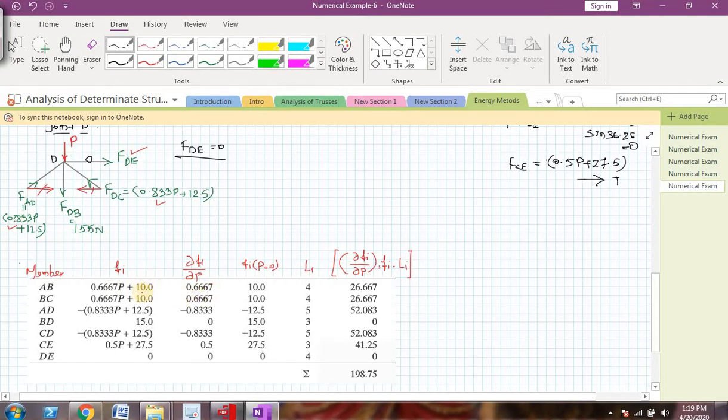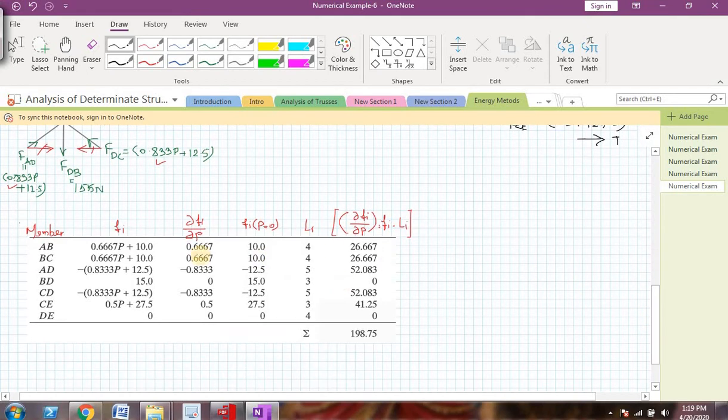And the partial differentiation of 10 with respect to P will be 0 because it doesn't contain any P term. Similarly this one, and when I partially differentiate 15 with respect to P, I will end up with 0. Similarly this term is 0.